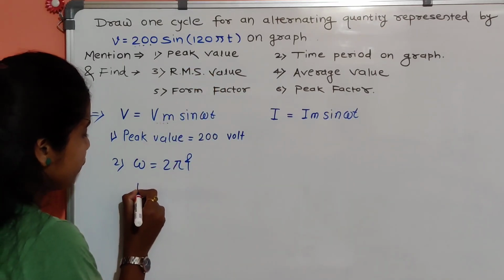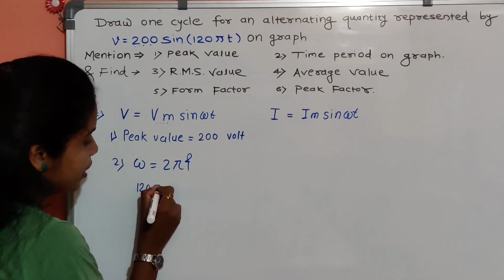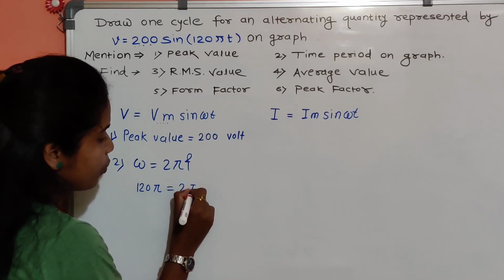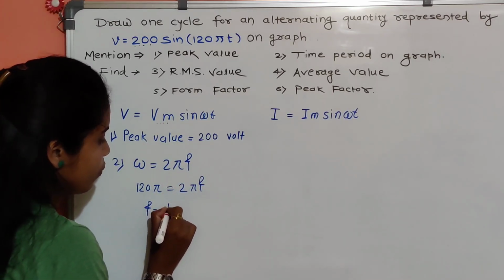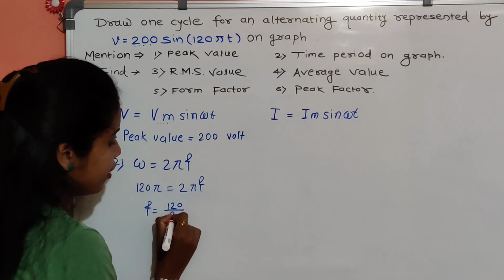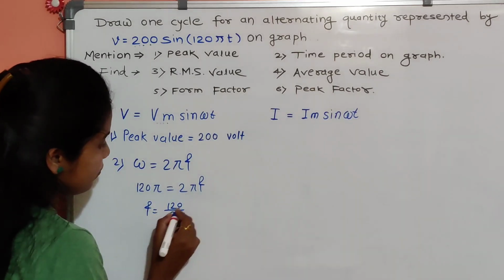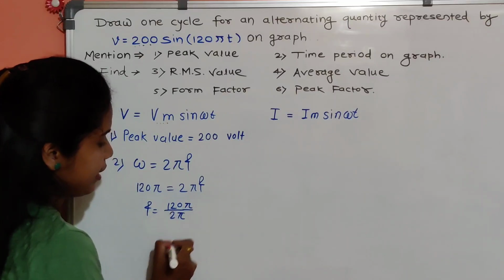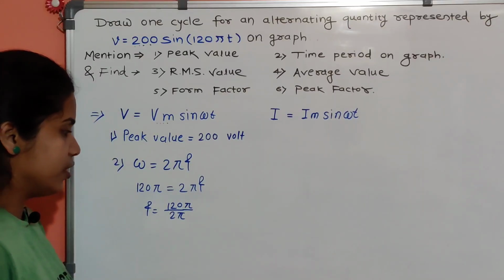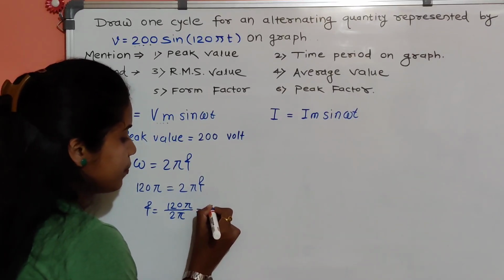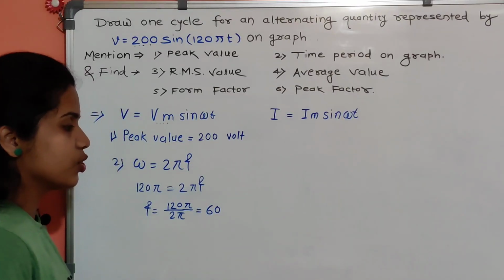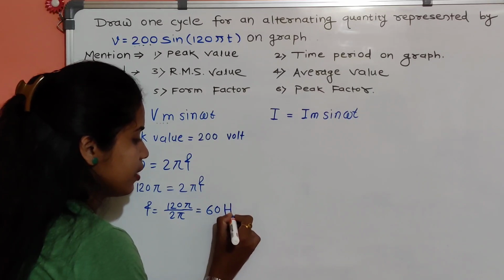Omega is 120π. 120π is equal to 2πf. Hence f = 120π divided by 2π. Pi gets cancelled. 120 divided by 2 is 60, and its unit is hertz.